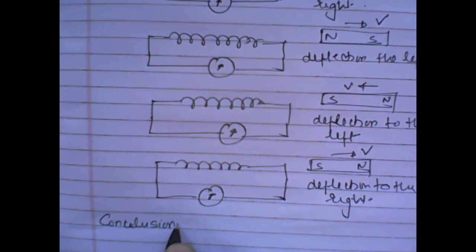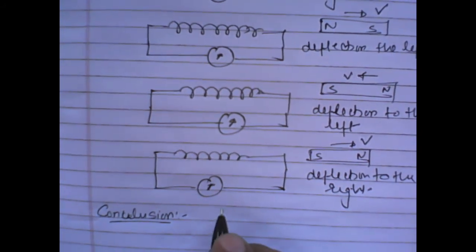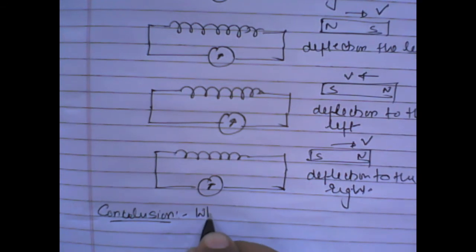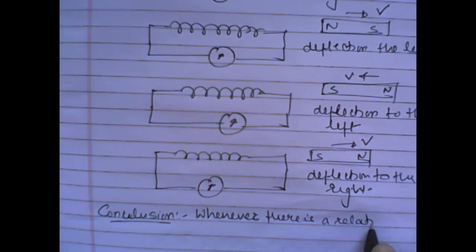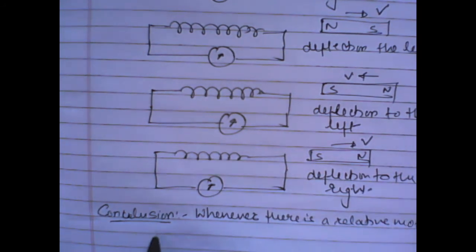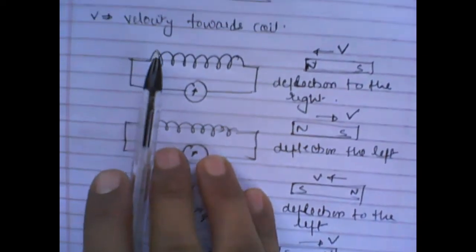The conclusion we can draw is whenever there is relative motion between the source of magnetic field and the coil, that may be the case.